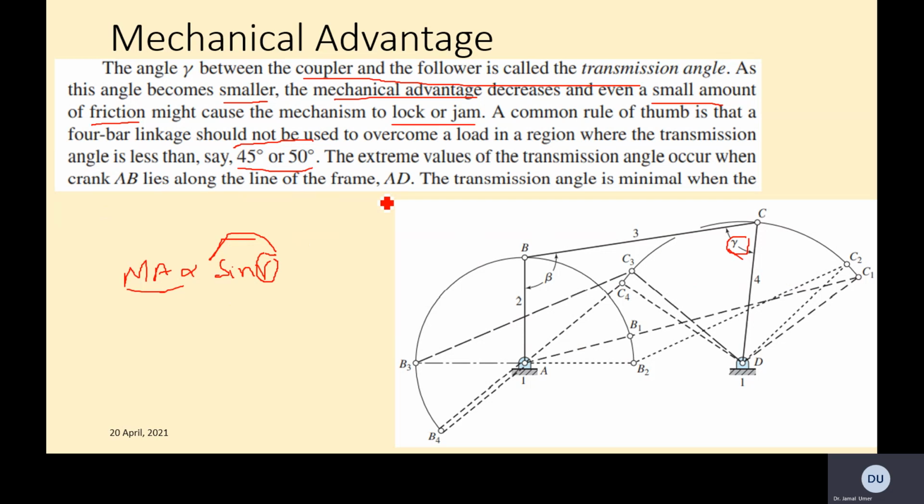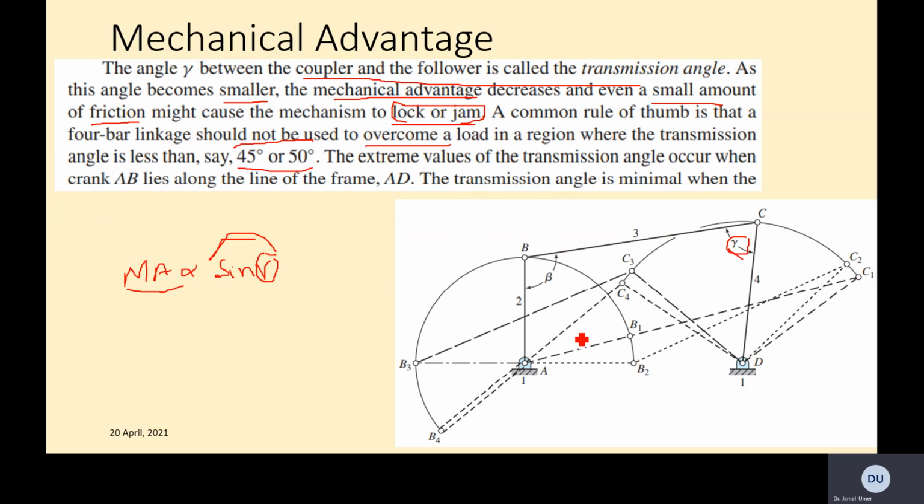If you try to overcome the load in the region where the transmission angle is less than 45 or 50 degrees, there is a chance that it will become a lock or jam. So it will become a structure. So once again, we try to avoid this when you want to take some useful work from this component.